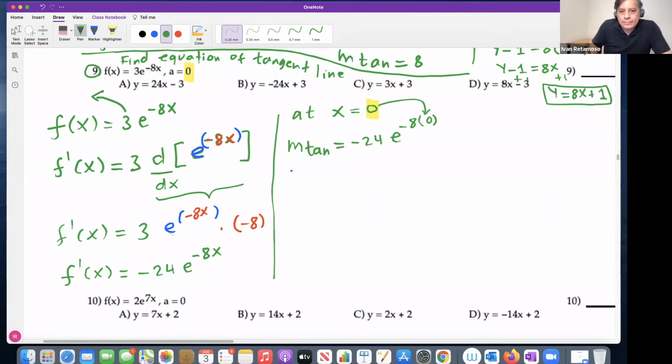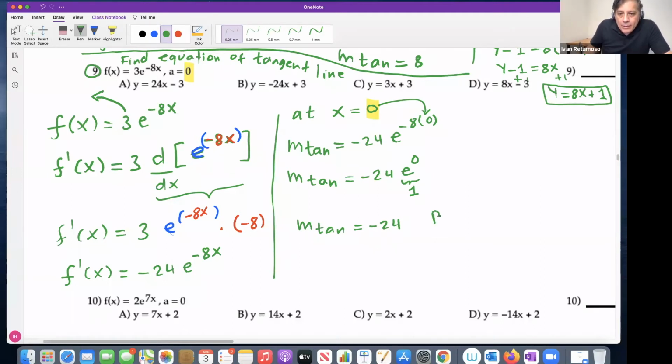Evaluating the exponential function at x equals 0 is a good thing to do, because negative 8 times 0 is 0, e to the 0 is just 1, and 1 times negative 24 is negative 24. So the slope is going to be negative 24.